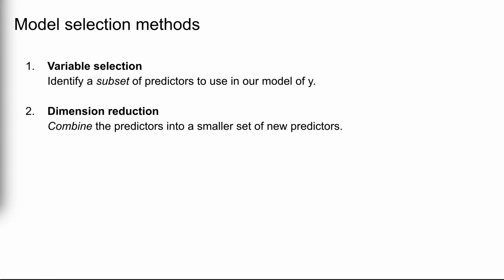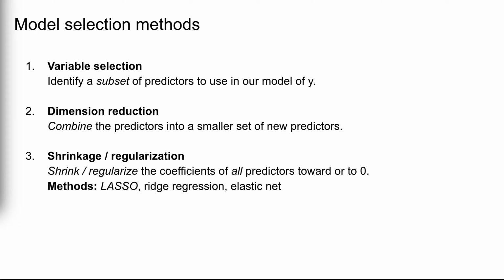In this video, we'll explore an alternative set of techniques for model selection, shrinkage and regularization. In short, these algorithms perform model selection by shrinking the predictor coefficients toward or to 0. There are multiple possible methods here, but we'll focus on the LASSO.